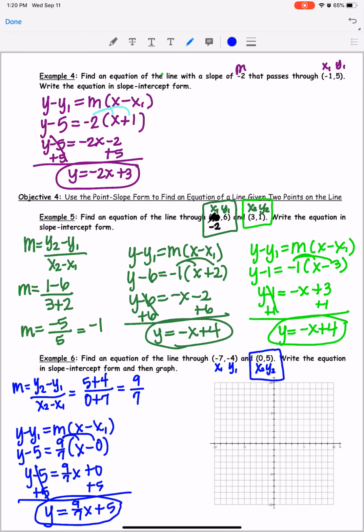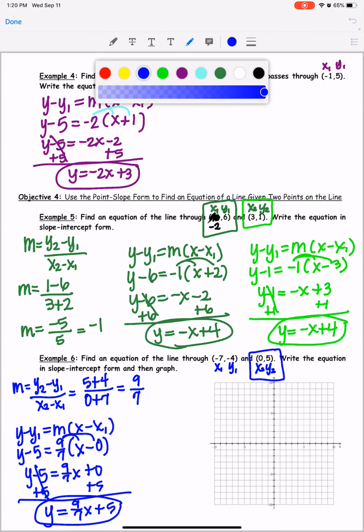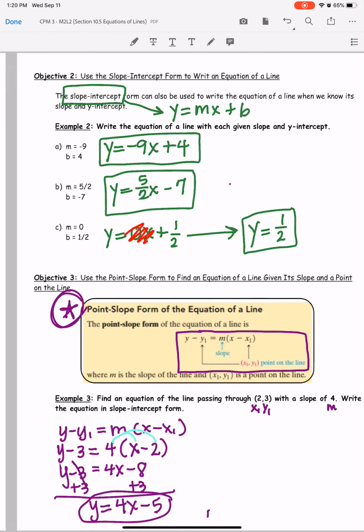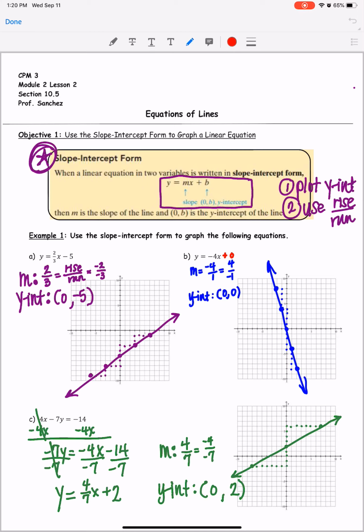Now, if you notice something: my 0, 5, that is your y-intercept. If you look back over here, it tells you that your y-intercept is in the ordered pair of 0, comma, a number.